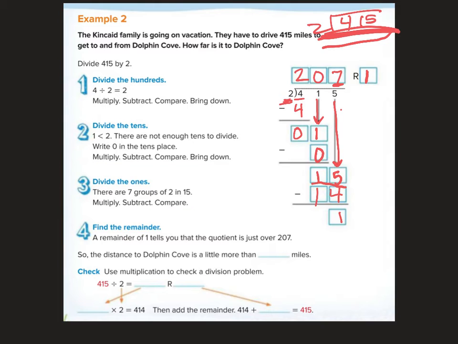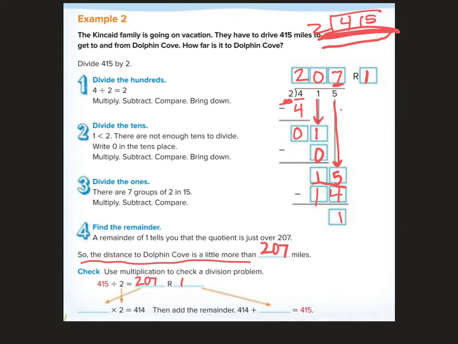Okay, so the distance to Dolphin Cove is a little more than 207 miles. So 415 divided by 2 is 207, remainder 1.